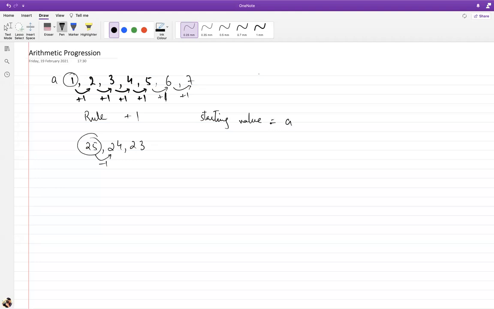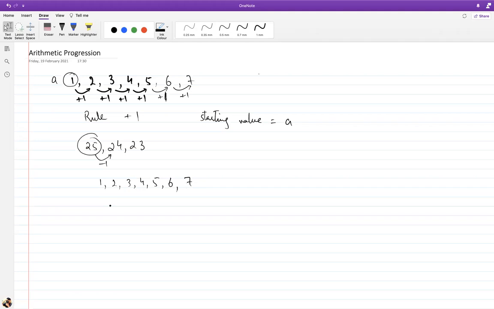Now here's the thing. Let's suppose we have all the numbers from 1 to 7 and I ask you to add them up. Okay. So we have these numbers 1, 2, 3, 4, 5, 6, 7. Then how will you add them up? Sir, I would probably write 7 factorial.